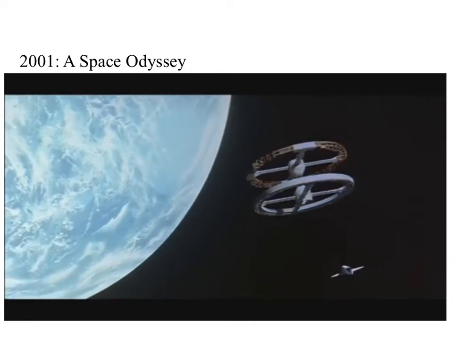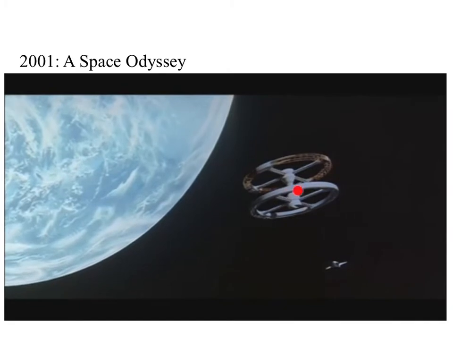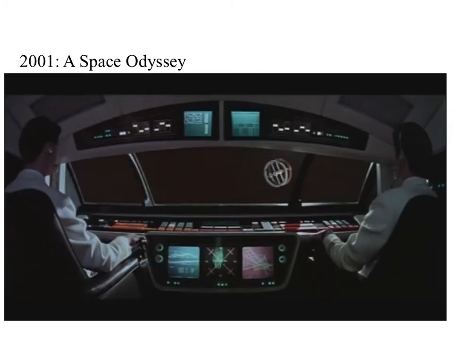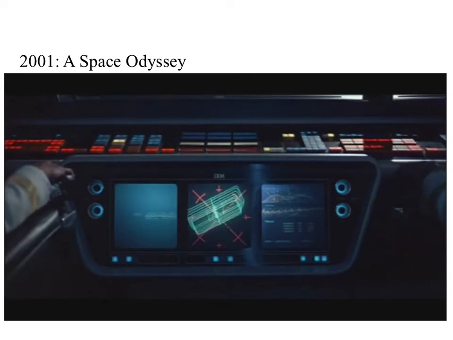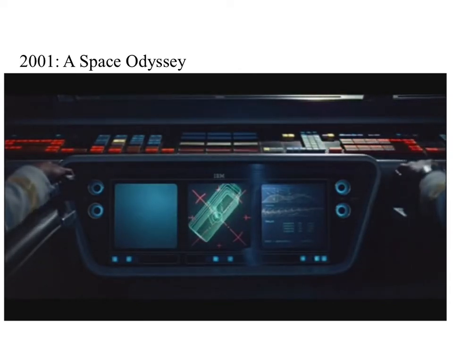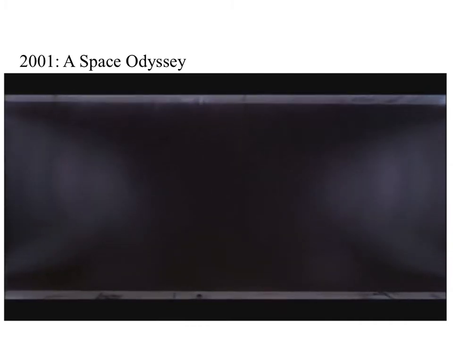So here we have a space plane, and it's on approach to this space station, which is spinning so as to give gravity to the people on it. And we can see that what they end up doing is coming into dock on the axis, because on the axis the speeds are the least, so they can just spin around their own axis, match the rotation of the space station. Otherwise they'd fly on the edge, which is hard.